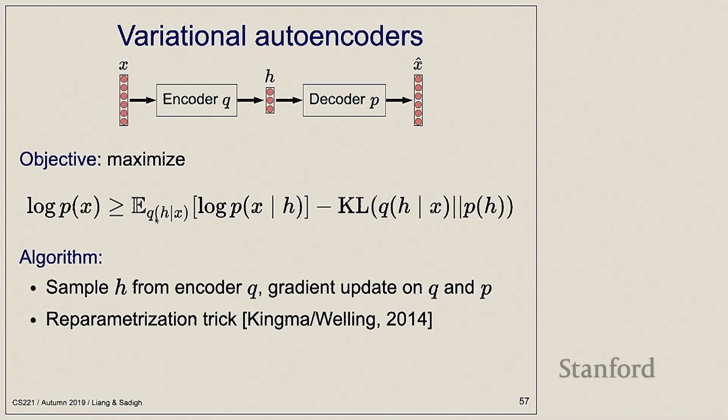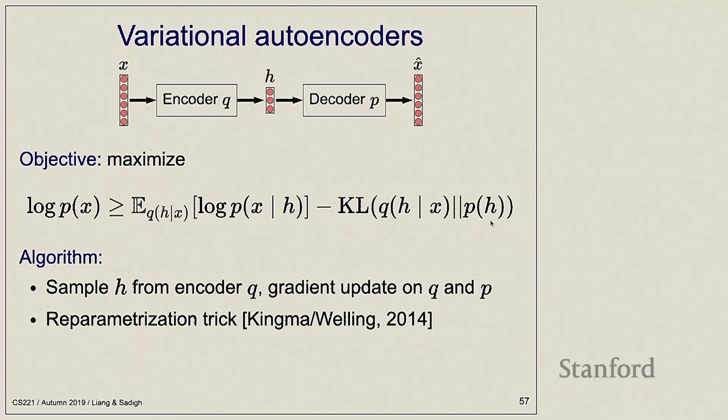And then you want to specify some conditions. First you say, okay, I want to make x recoverable from my h distribution. And second, this is a term that prevents h from being degenerate.